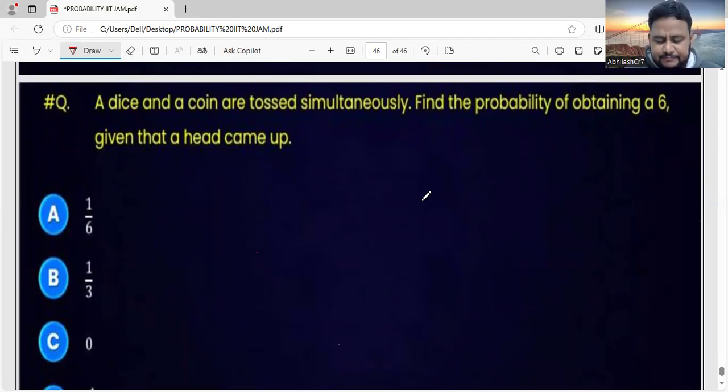Please read the question carefully. And also, in the previous question, we have to use the event multiplication theorem.